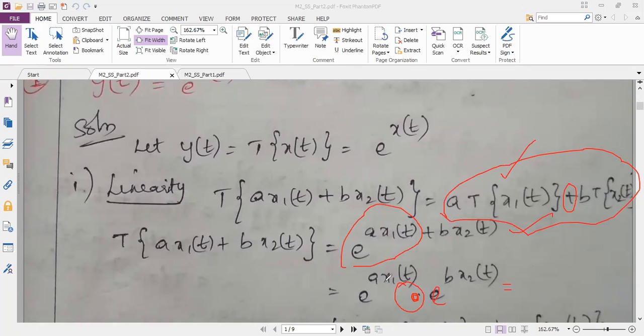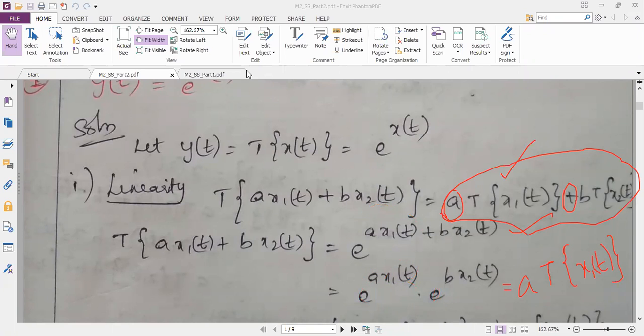Also this a, I cannot write it at the front here like this. I cannot write it as a into e power x1 of t. I can write it as T of x1 of t. Am I clear here what I am trying to convey?